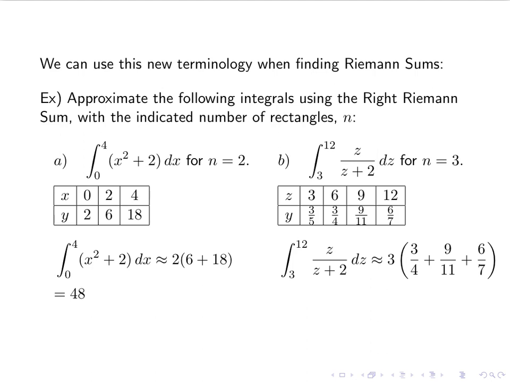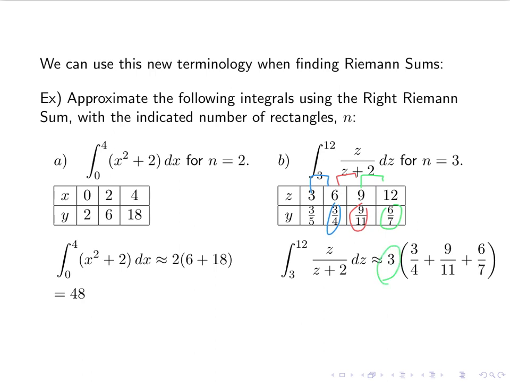So again, we want our right Riemann sums. We've got 3 of them. For each pair, for 3 and 6, the one on the right is 3/4. For 6 and 9, the one on the right is 9/11. And for 9 and 12, the one on the right is 6/7. And again, that width, that delta x, was the 3.